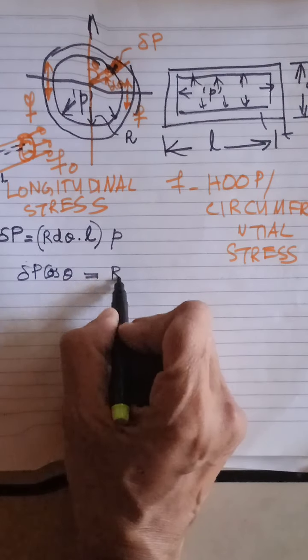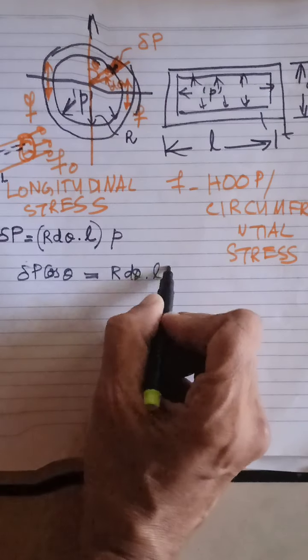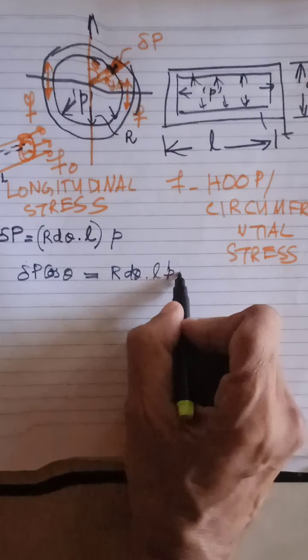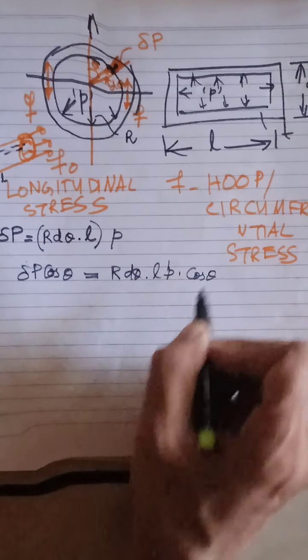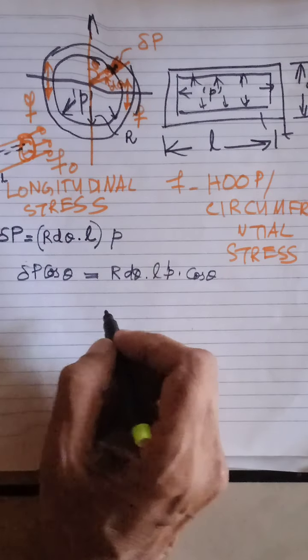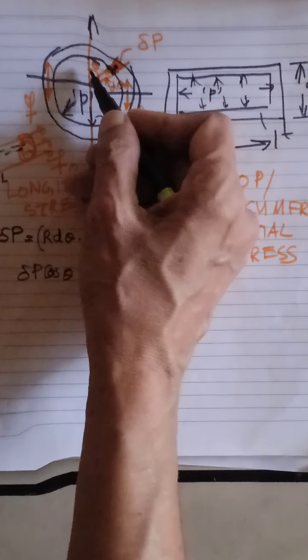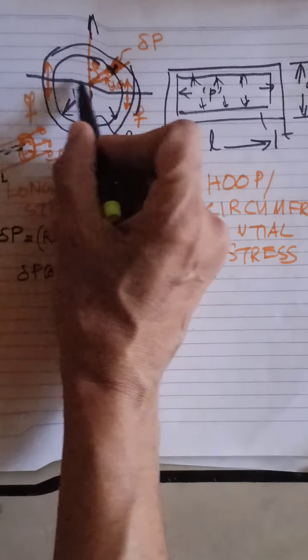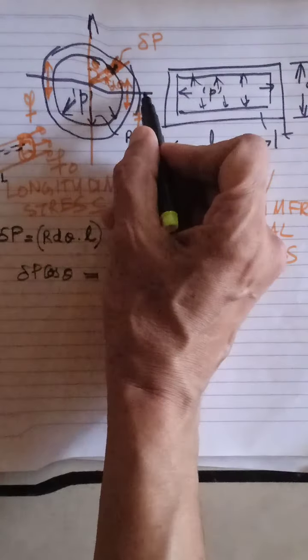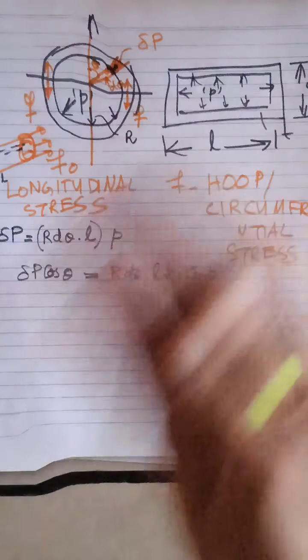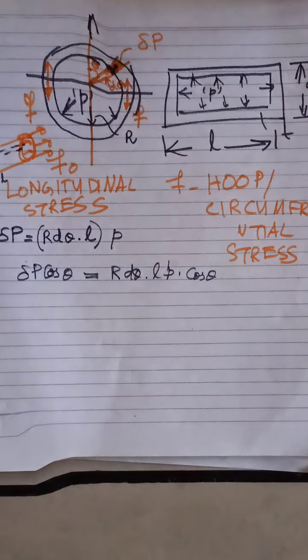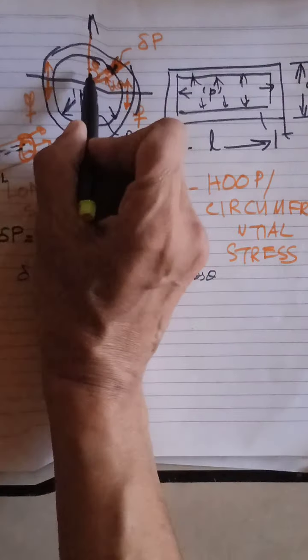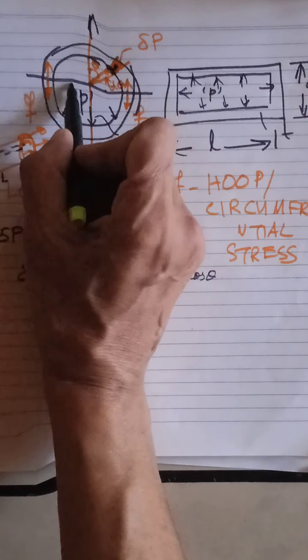So you will have r d theta into L into p, small p, into cos theta. You are taking theta from here. If this cylinder is going to burst along this direction, it is bursting into two halves. So theta ranges from 0 to 90 degrees on this side, and similarly 0 to 90 on the other side.